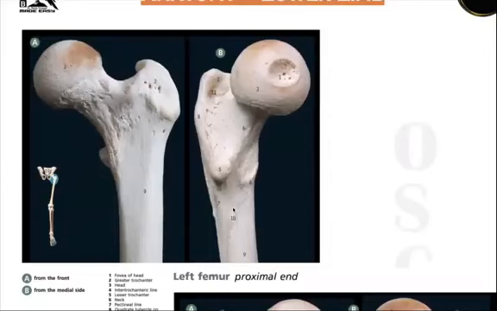Yes, sir, clear. Okay, so let's try to identify a few points again. Number 3 is the head of femur. Number 2, greater trochanter. Number 5, lesser trochanter. Number 4, intertrochanteric line.